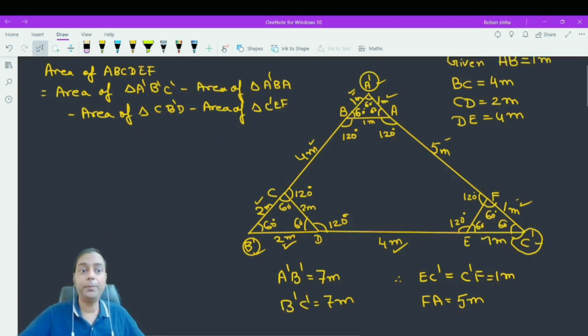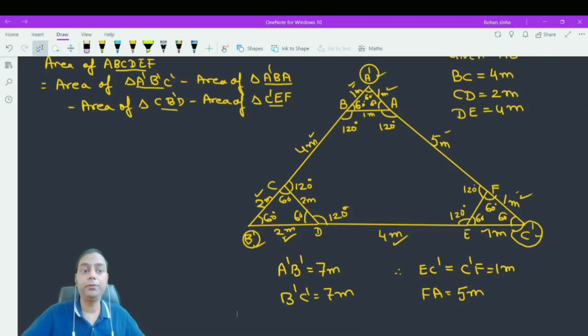Now what about the area of ABCDEF? This area ABCDEF is nothing but the area of triangle A dash B dash C dash minus the area of triangle A dash BA minus the area of triangle CB dash D minus the area of triangle C dash EF.